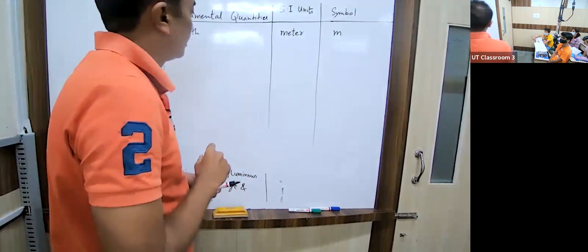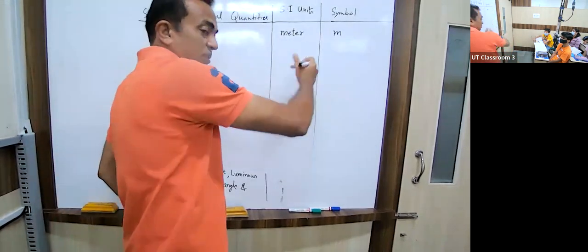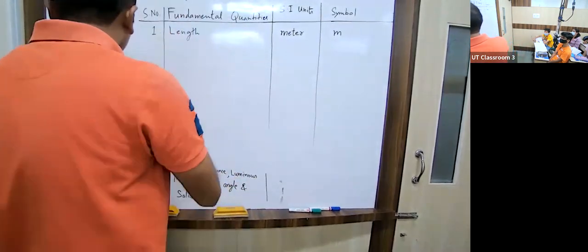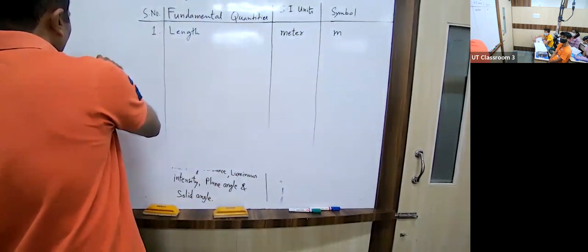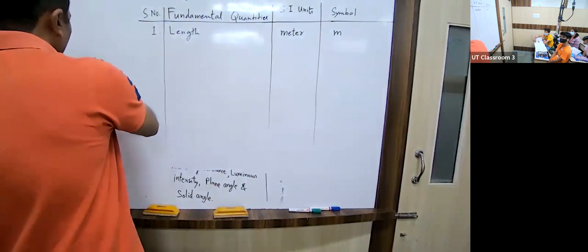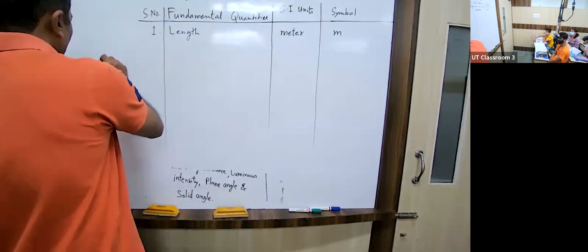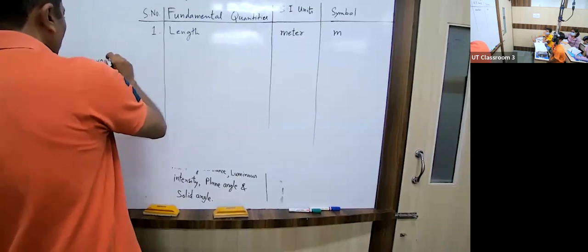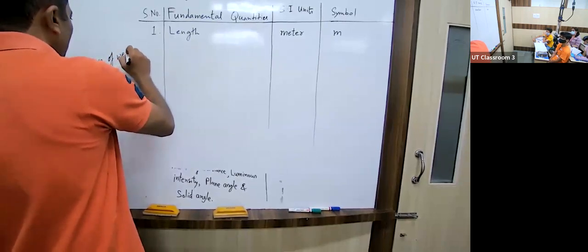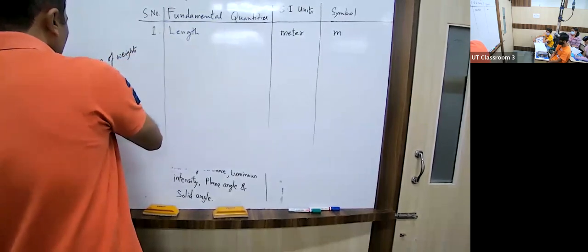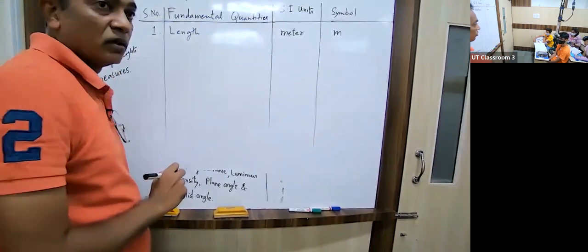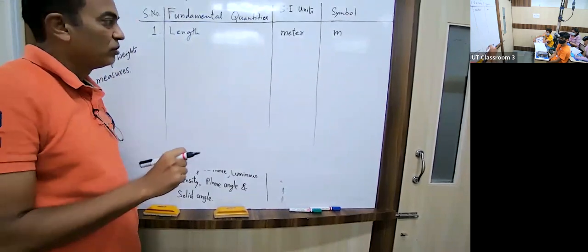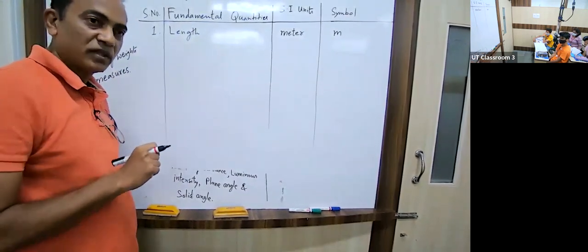So basically, who decides these units and symbols? There is the Bureau of Weights and Measures. Every country has a Bureau of Weights and Measures, which has the responsibility to decide about units of physical quantities.